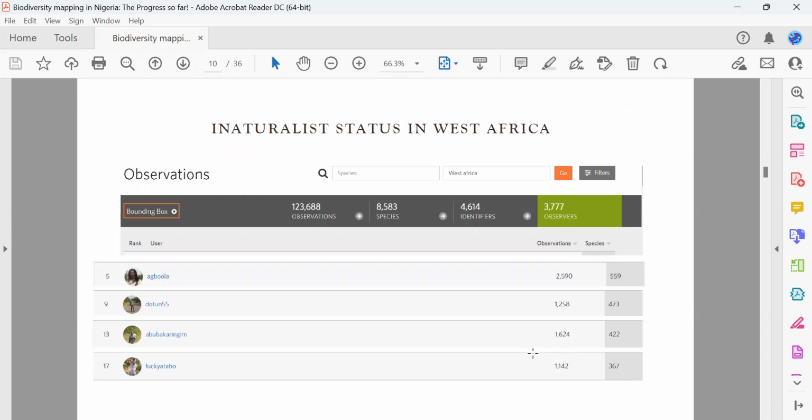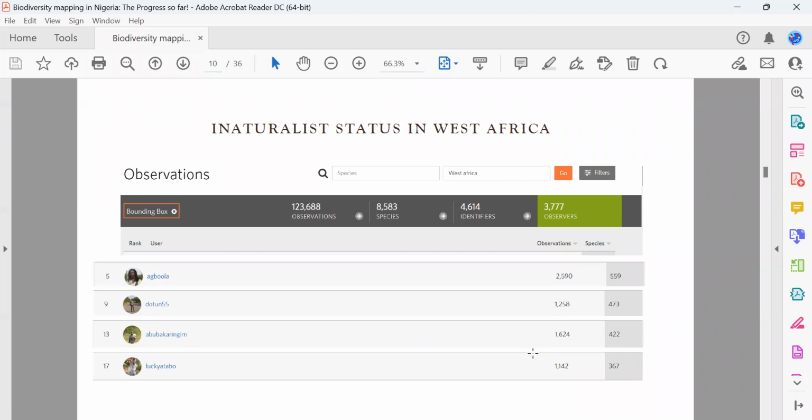So before focusing on Nigeria, it would be good if we can look at roughly the status of iNaturalist in West Africa. So in West Africa, there are 3,777 observers, and to date, more than 8,500 species have been submitted and identified on iNaturalist.